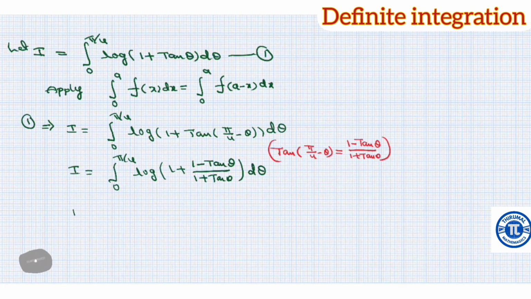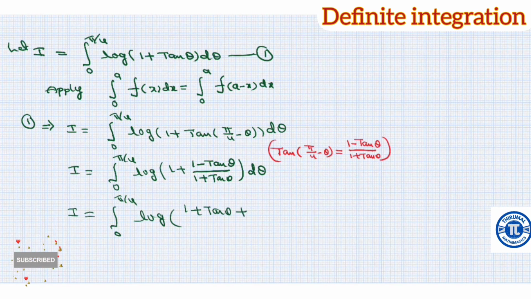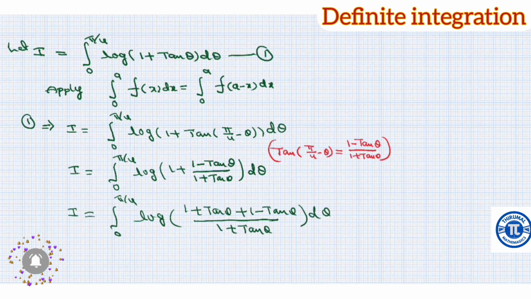Now I equal to integration 0 to pi by 4 of log of, take LCM, 1 plus tan theta into 1 is 1 plus tan theta, plus (1 minus tan theta) by (1 plus tan theta), into d theta. Here minus tan theta and plus tan theta cancel.